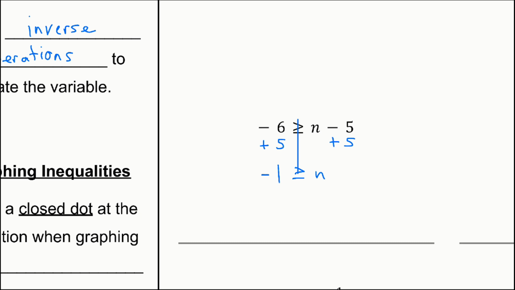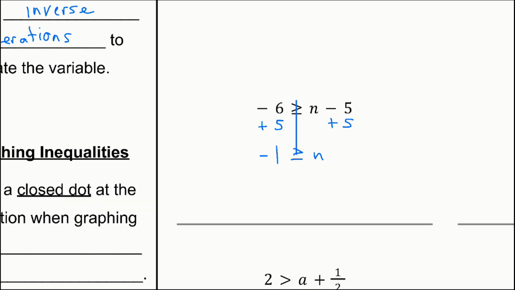Since we're solving for these and we're graphing these, once we have our solution, make your number line. So I'm just going to throw arrows on the bottom of this. What I like to do is pick a couple different numbers, but I always start with my solution right here.